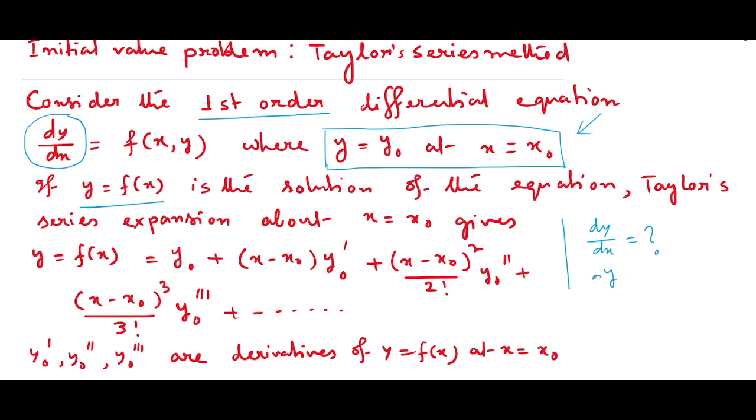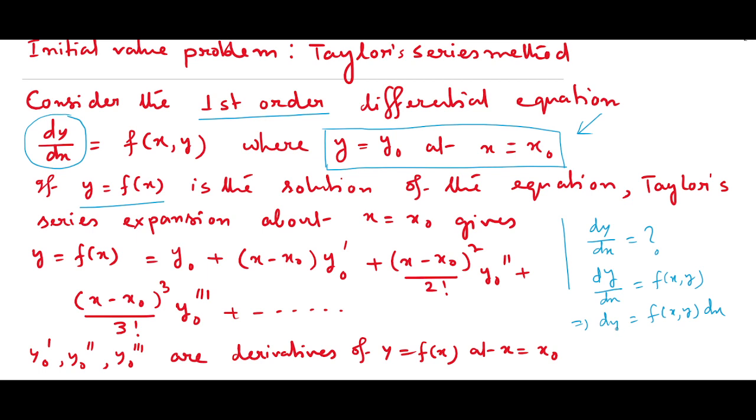So suppose dy by dx equals to some function f of x comma y. So you can write dy equals to f of x comma y dx. If you observe this particular equation, then automatically it comes to our mind that if we integrate both sides, then also we can get the value of y.